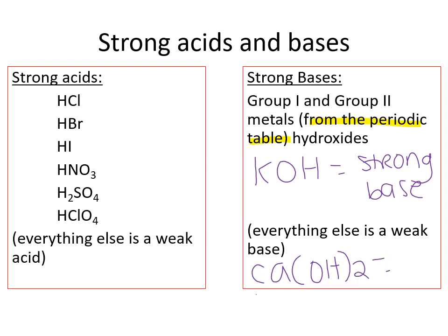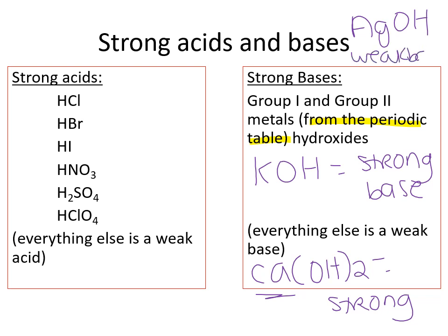That's from group 2, calcium's from group 2, so it's a strong base. Silver hydroxide, silver's not from group 1 or group 2, so it's a weak base. Group 1 and group 2, those are columns. So those first 2 columns are strong bases.